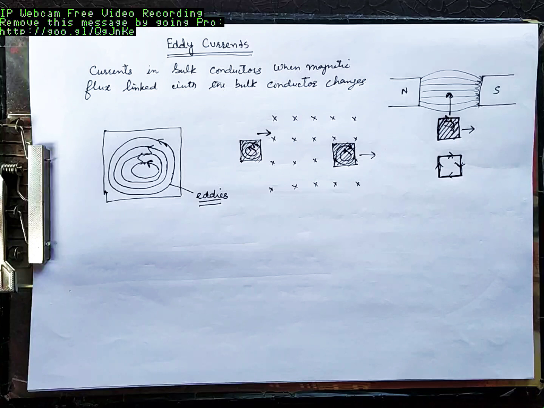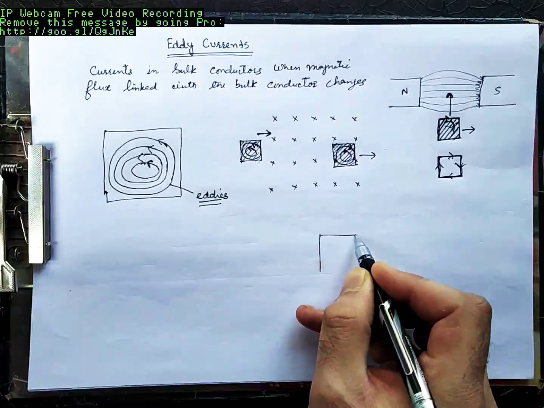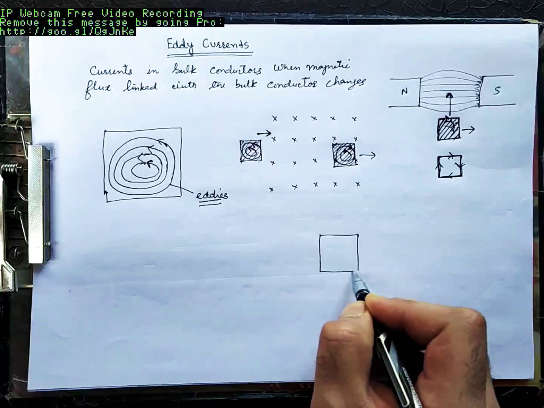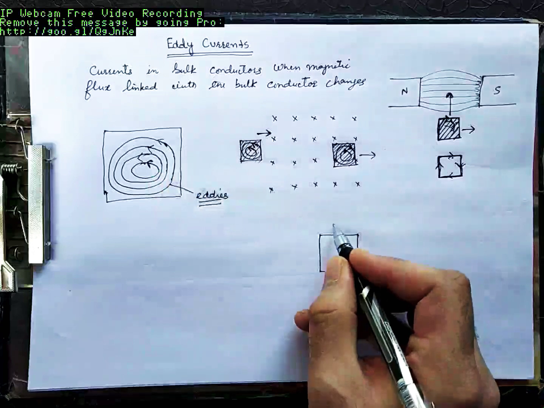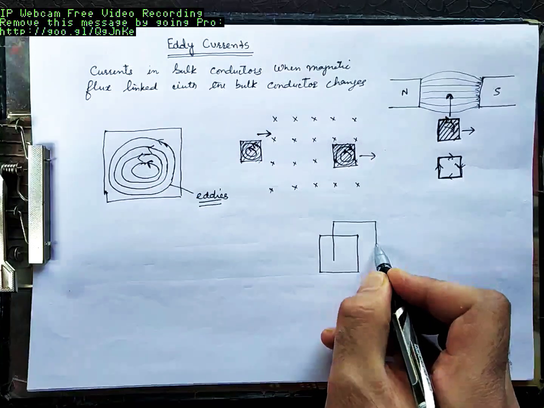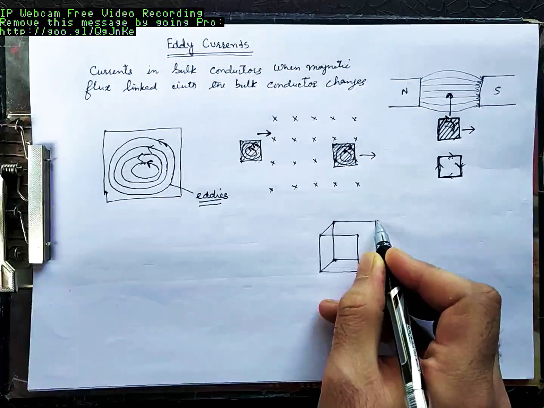The big deal about the eddy currents is this. If you have a solid piece of conducting material inside a magnetic field, suppose we have a solid cube. Here I assumed a rectangular surface. Now I am assuming a 3D material, cube or cuboid.